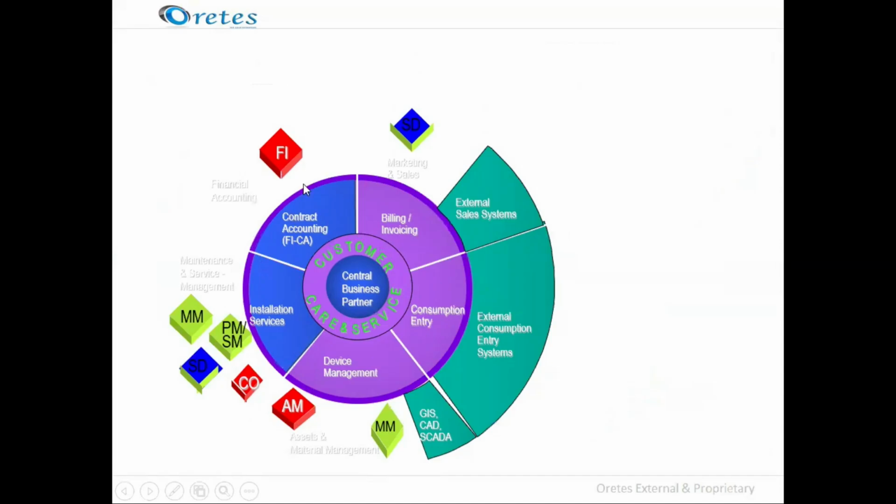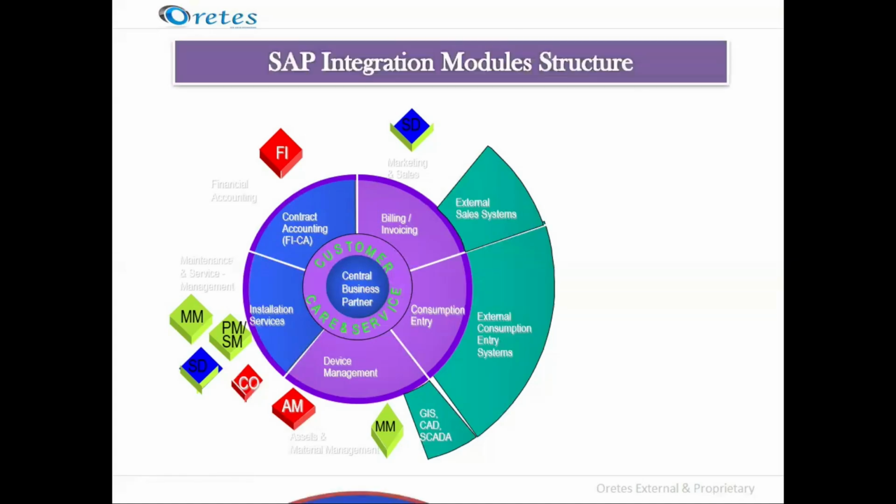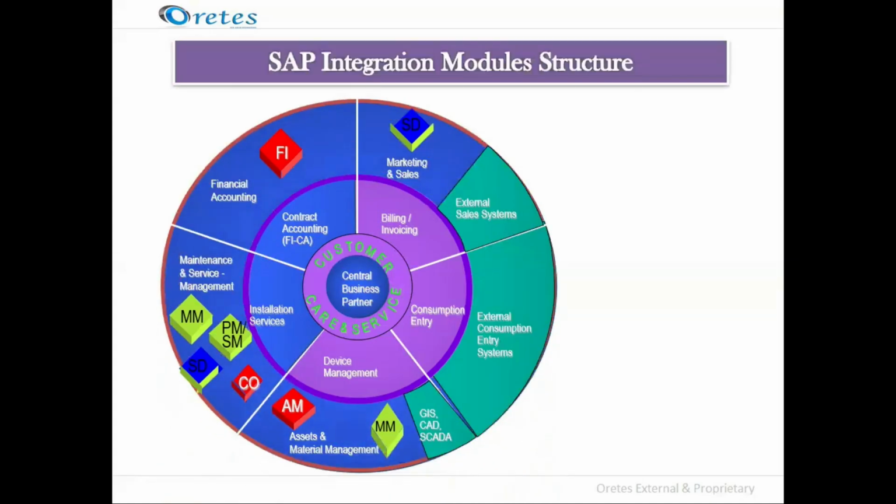These are ISU modules, which are on top of the core R3 modules. Core modules like material management, asset management, sales distribution, plant maintenance, service management, finance, all these are your core modules. And on top of that, we have our ISU modules, and everything is integrated through a common business partner. Business partner means consumer. That's how these modules are developed.